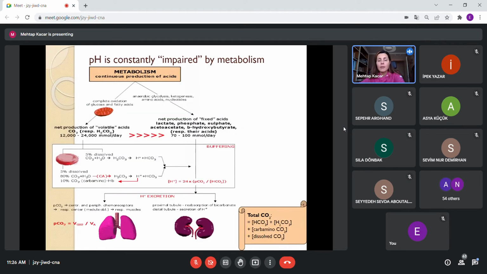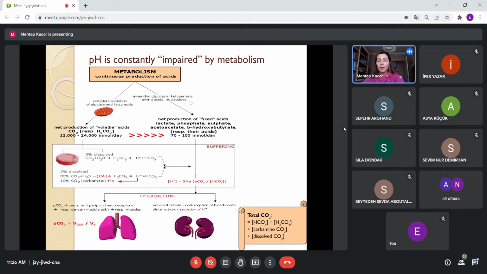pH is constantly challenged by metabolism because metabolism leads to continuous production of acids. Complete oxidation of glucose, fatty acids, and other energy sources leads to net production of volatile acid, carbon dioxide.